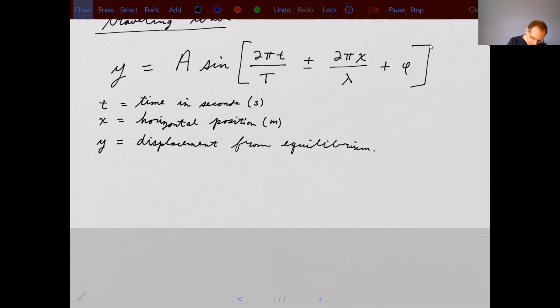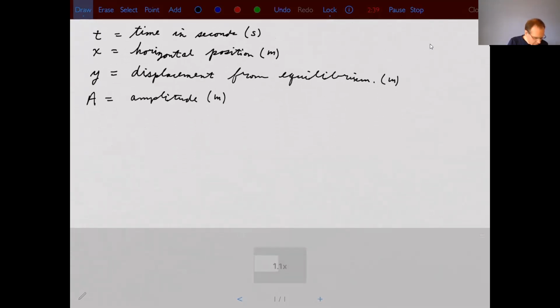Capital A is the amplitude of the wave. That is also in meters. Capital T is the period, the time for one oscillation.